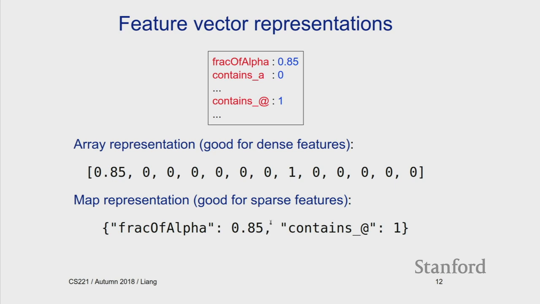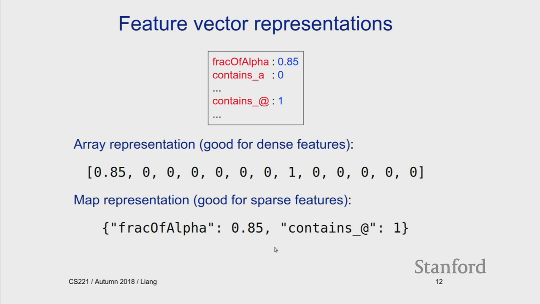And the implicit assumption here is that if a name doesn't exist in the dictionary, its feature value is 0. So if you have a lot of zeros and you don't represent them, then you're saving a lot. And this is a representation that you're going to look at in the sentiment homework, which is out right now.